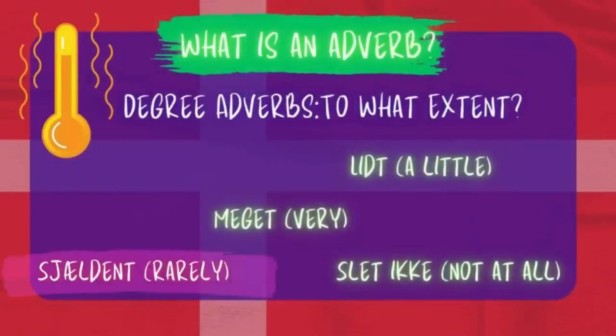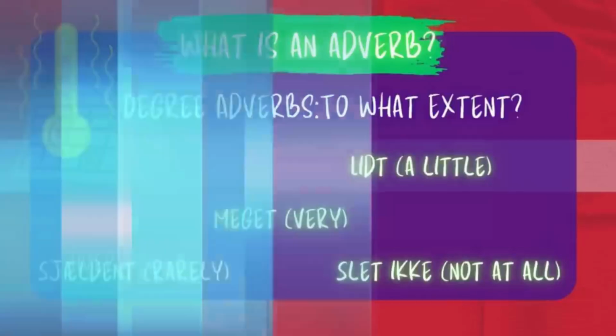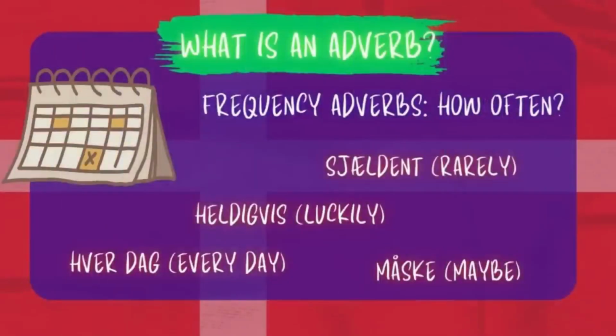Did I catch you out? Actually, all four of these adverbs could fit under the category of to what extent. Earlier, I had placed sjældent under when, and that's kind of true, but then I got thinking, it's better suited to what extent. Rarely, it rarely happens. It's a degree. So as you can see, adverbs can sometimes cover a few different categories depending on the context.